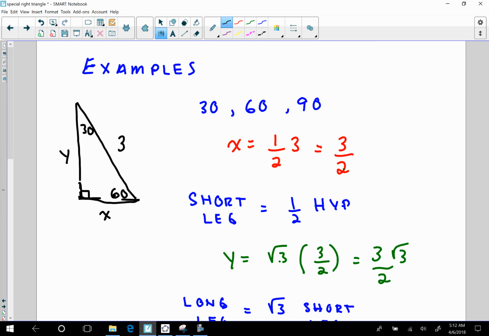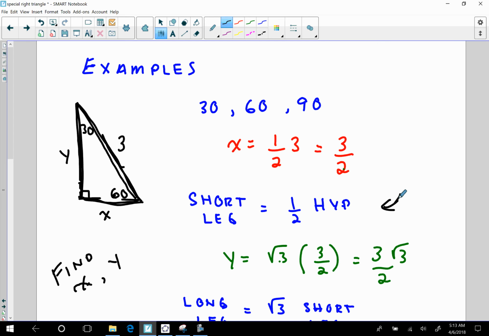Examples: if I have a 30, 60, 90 right triangle, where x is the short leg, y is the long leg, and 3 is the hypotenuse, I want to find x and y. Well, x is going to be 1/2 of 3, which is 3/2, because the short leg is 1/2 of the hypotenuse.